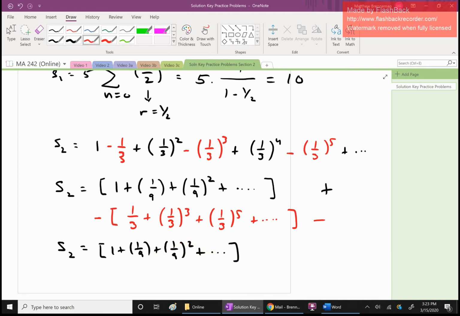And again, here I'm going to factor out a 1/3. If I want to change this into a geometric series, the first term always has to be 1, okay? That's kind of my guide here. The second term is going to be 1/3 squared, so I'm going to get 1/9. After I factor out the 1/3 here, this is going to be 1/3 to the 4th, right? Which is 1/9 squared, dot dot dot.